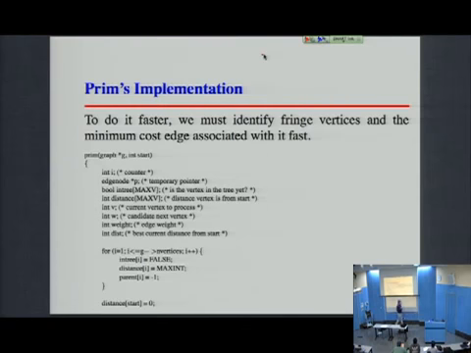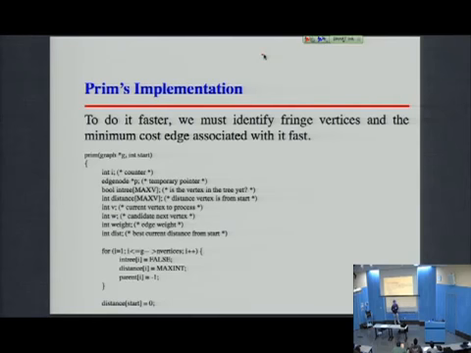Does everybody see that if we start a growing process from Bohemia, Long Island, the things that are within one hop of Bohemia are other Long Island cities? San Francisco is not within one hop of it. But as we grow and grow, there are some vertices that are in our tree, some vertices that are within one edge of it, and other vertices that are not within one edge of it.